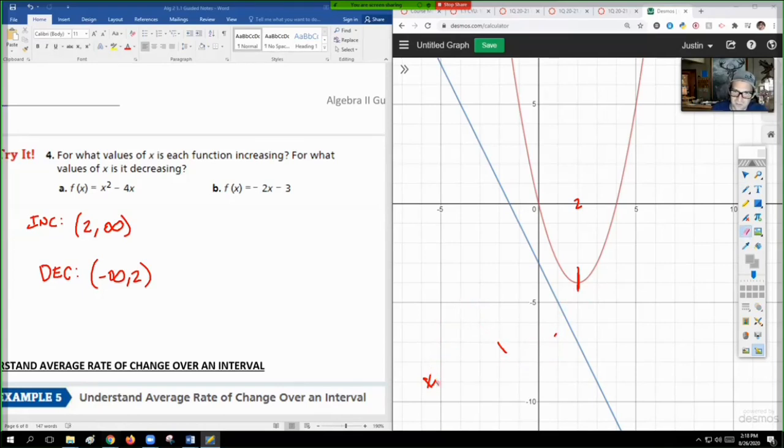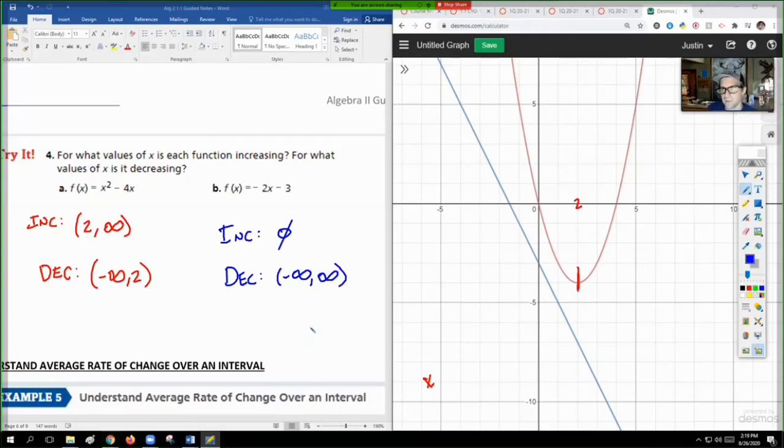That is just a straight line going down the entire time. So is this line ever increasing? Nope. I'm just going to put no solution there. There's no time it's increasing. When is it decreasing? The whole time. So that would be from negative infinity to positive infinity.